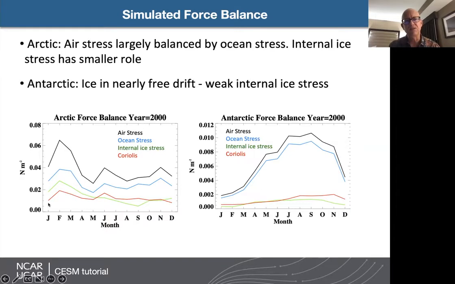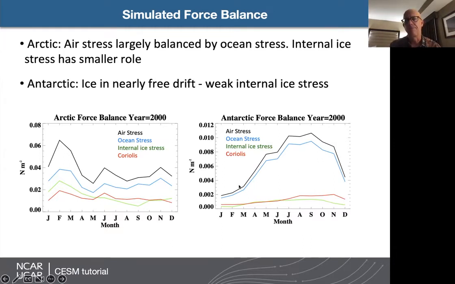And it is relatively small by comparison to these other two terms, but it is certainly very important in certain regions, especially near land, when you're getting a lot of drag and other things happening near the land. And especially as the ice gets thicker, it tends to interact a lot more and cause other floes to slow down and so forth.